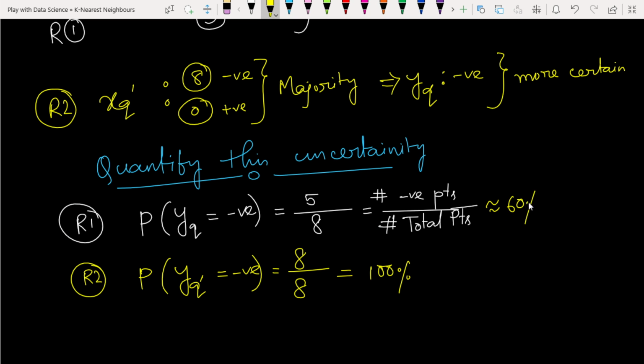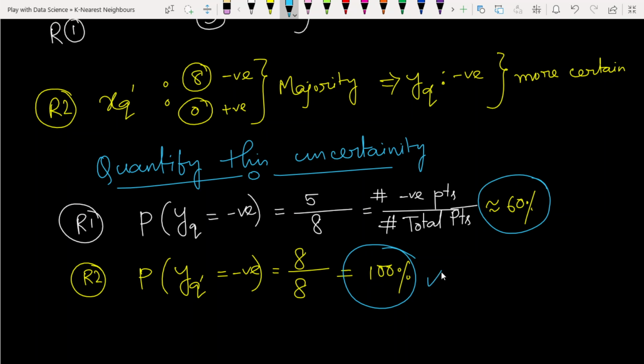So for region 1 we are less certain, because our certainty is about 60%; we are about 60% sure our class label will be negative. But here we are more certain: perfectly, 100% sure our class label will be negative.